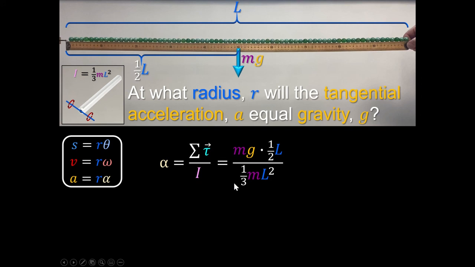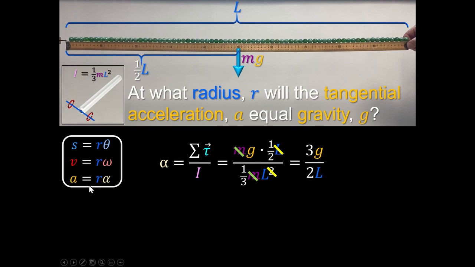The rotational inertia is 1/3 mass times length squared, for any stick pivoting on its end. It looks like the mass is going to cancel, and the length is going to cancel with one of the lengths on the bottom. I have 1/2 in the numerator and 1/3 in the denominator. We can copy dot flop, and we get 3g over 2L.